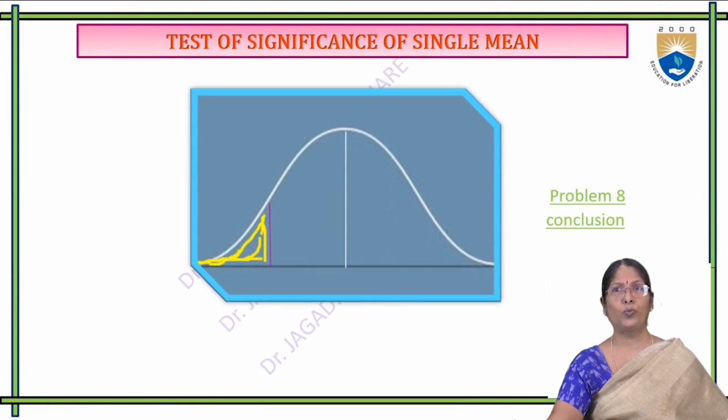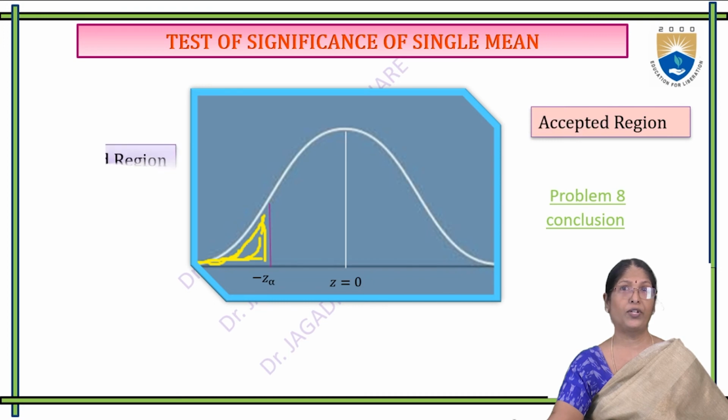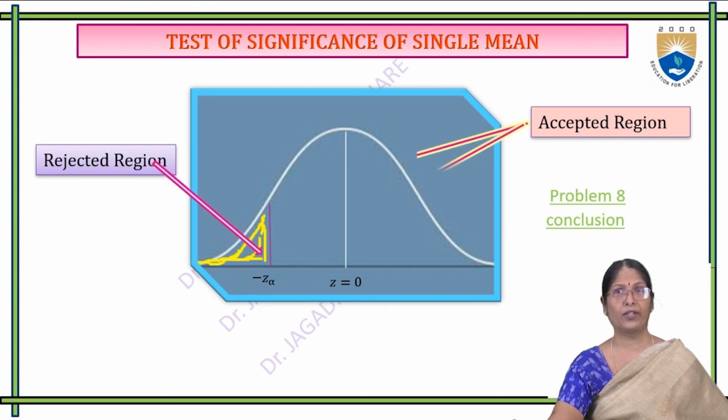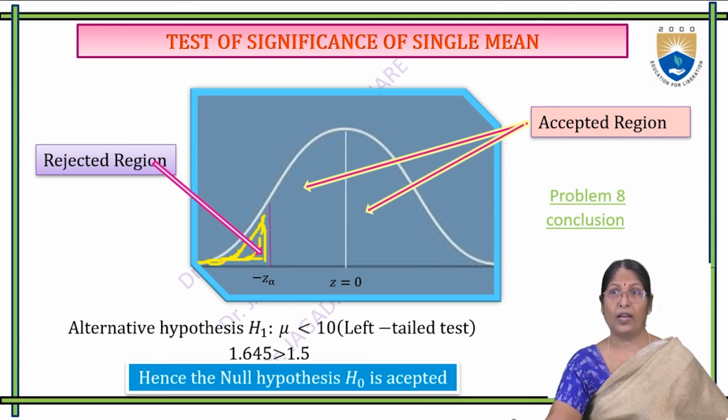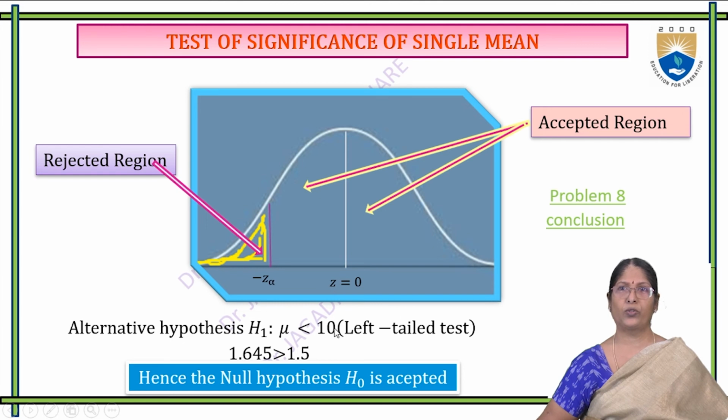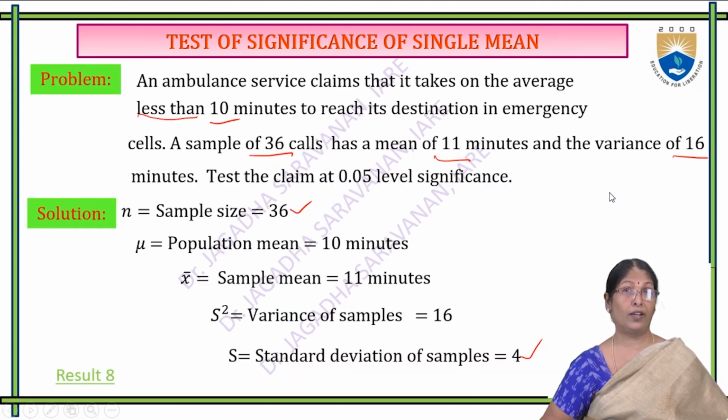So the final output of this particular problem, we can see the accepted region and the rejected region. Why we selected the left tail: in this problem, because of the phrase less than 10 minutes.